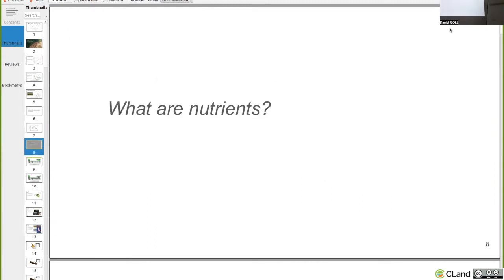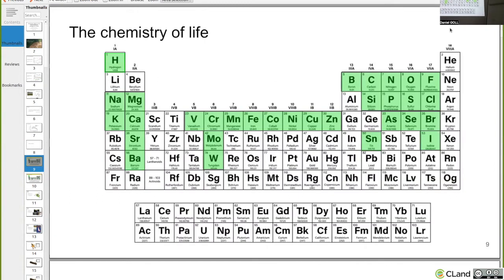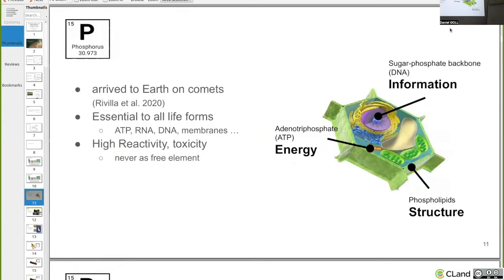So first, what are nutrients? Life on Earth consists only of a few of the elements present on the Earth, which are highlighted in green, and arguably one of the coolest ones, the most badass one, is phosphorus. That's because phosphorus arrived on Earth on comets, so that could maybe explain why it's so scarce.